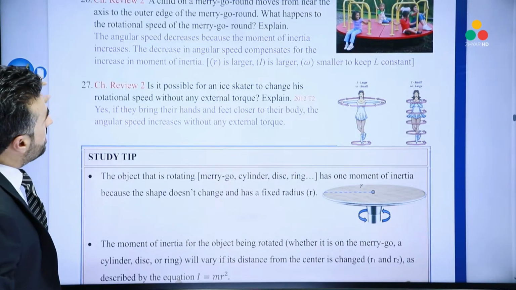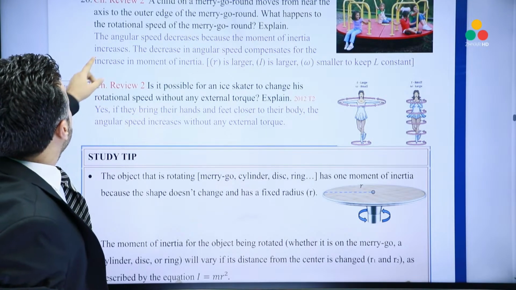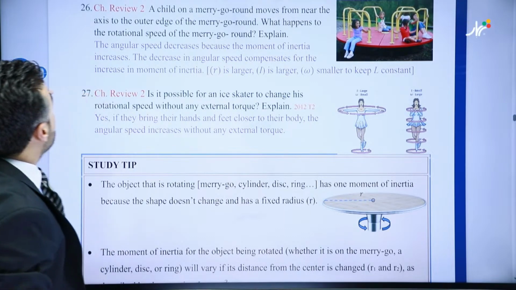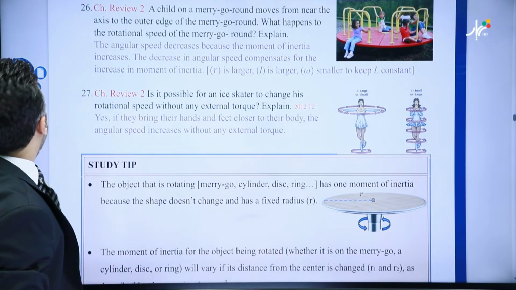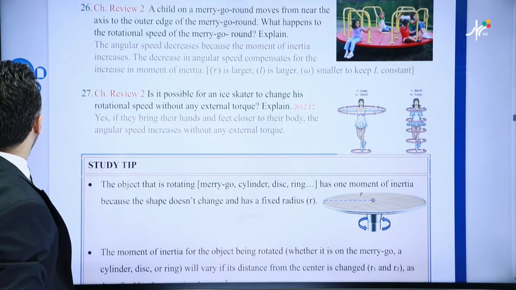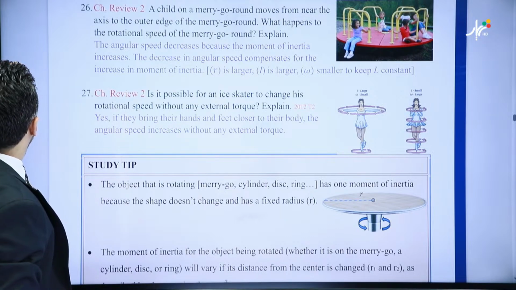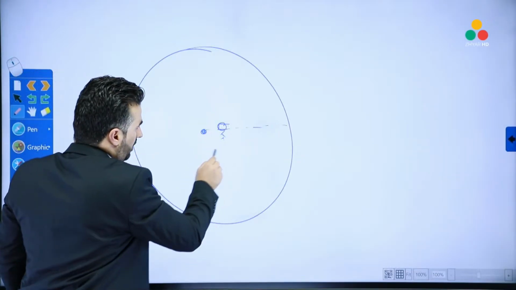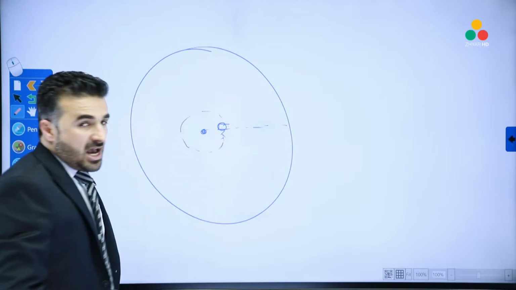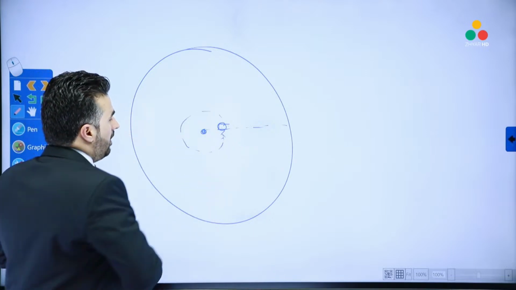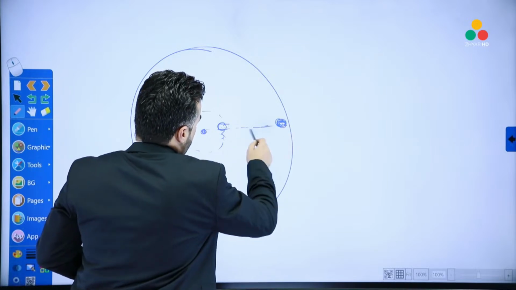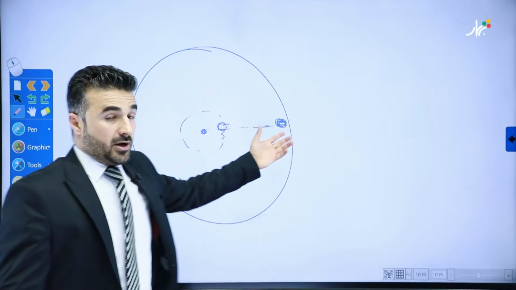What happens to the rotational speed near the axis, and then at the outer edge? So going back to this. Here's the child, very close to the axis of rotation. What happens to the moment of inertia, or to the angular speed, when the child goes to the outer edge of the merry-go-round?